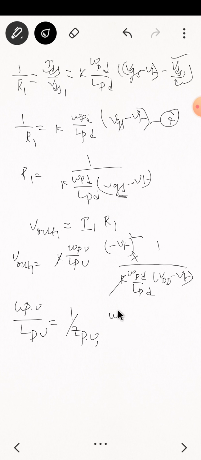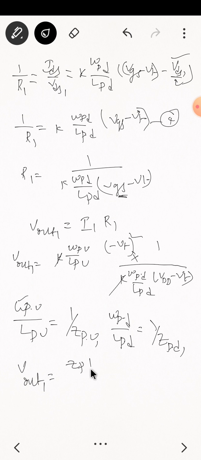Similarly, W_PD by L_PD is equal to 1 by Z_PD1. So I am substituting these values in the above equations. Then the above equation Vout1 will become Z_PD1 by Z_PU1 into (VT) whole square divided by (VDD minus VT).